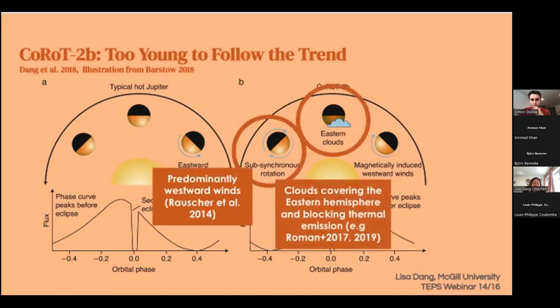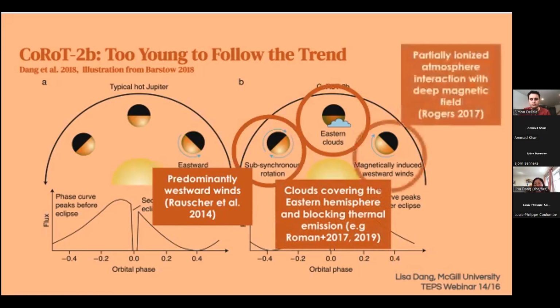GCM simulations from Rauscher et al. 2014 have shown that hot Jupiters with subsynchronous rotation can sometimes end up in a regime where you have predominantly westward equatorial winds. And then finally, one way to diverge from the feature that we see in pure hydrodynamical simulations is magnetic effects. The atmosphere of a hot Jupiter can sometimes be so hot that you have a partially ionized atmosphere.